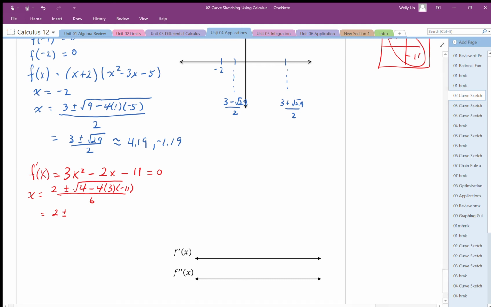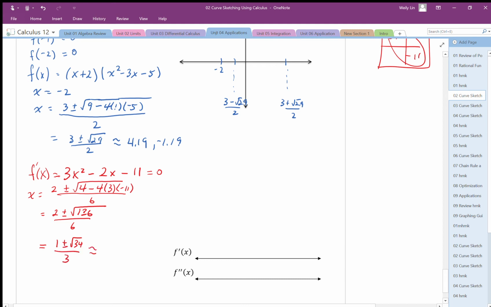So plus 4 is 136. So square root 136 all over 6. And 136 is divisible by 4, so I'm going to end up factoring that out. So I'm going to end up with 2 root 34. So that's going to simplify to 1 plus minus square root 34 divided by 3.